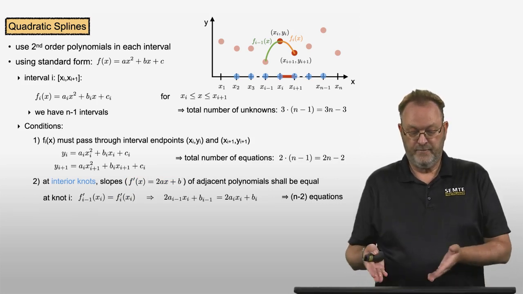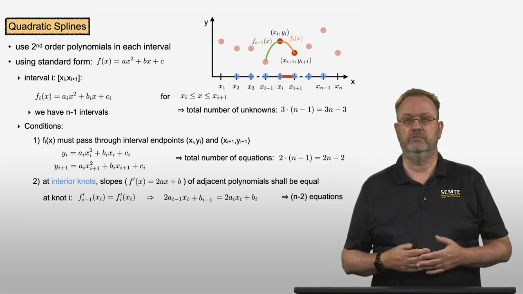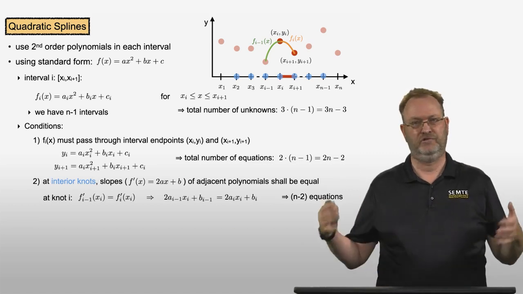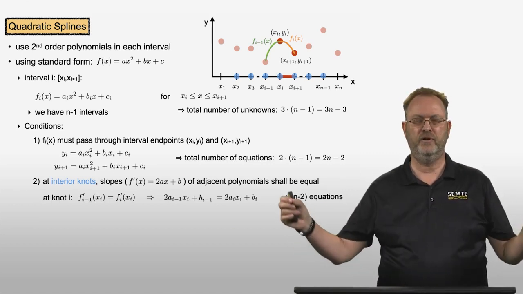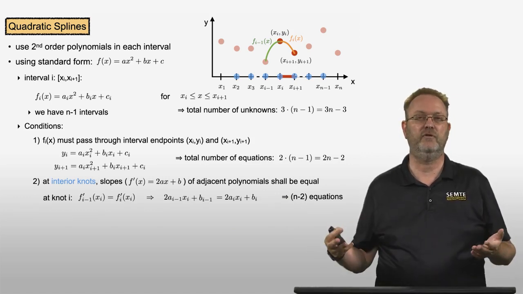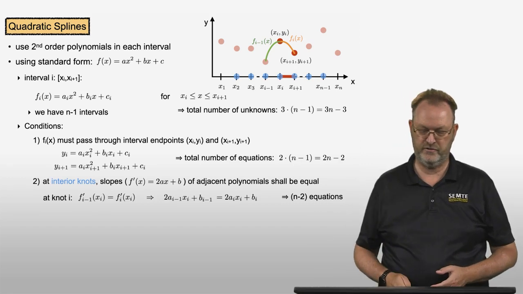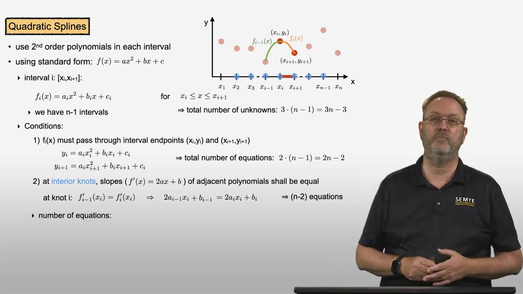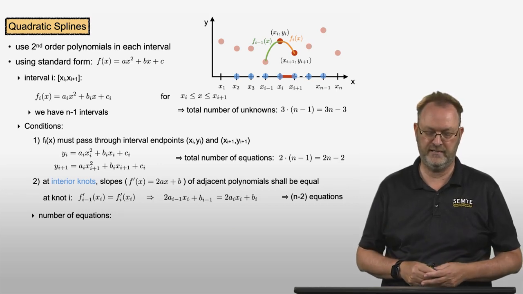So I have this type of equation for every knot. And the knots are just the interior data points, of the total of n data points. The 2 points at either end are not knots. So I have a total of n minus 2 equations that come from the requirement that the slope at knots is equal on both sides.